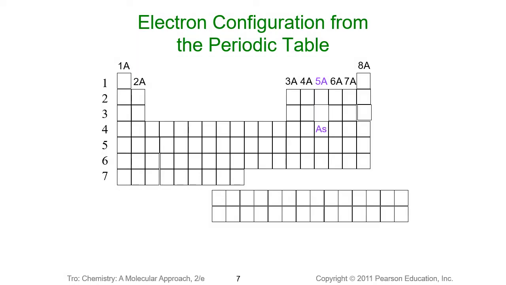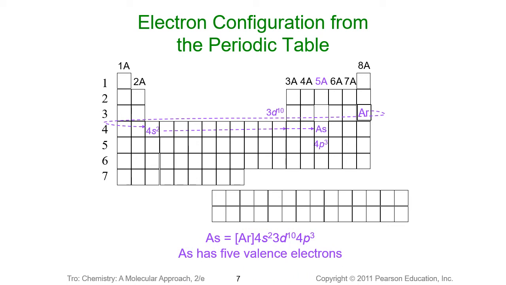So let's try an example. Now we have arsenic. We're going to write shorthand electron configuration. We're going to start at argon. We travel through the 4s orbital, and it is completely filled, so it's 4s2. We now travel through the D, which is 3d10, and then 3 blocks, and we return to the 4th energy level once we pass through to the other side, and it becomes 4p3.